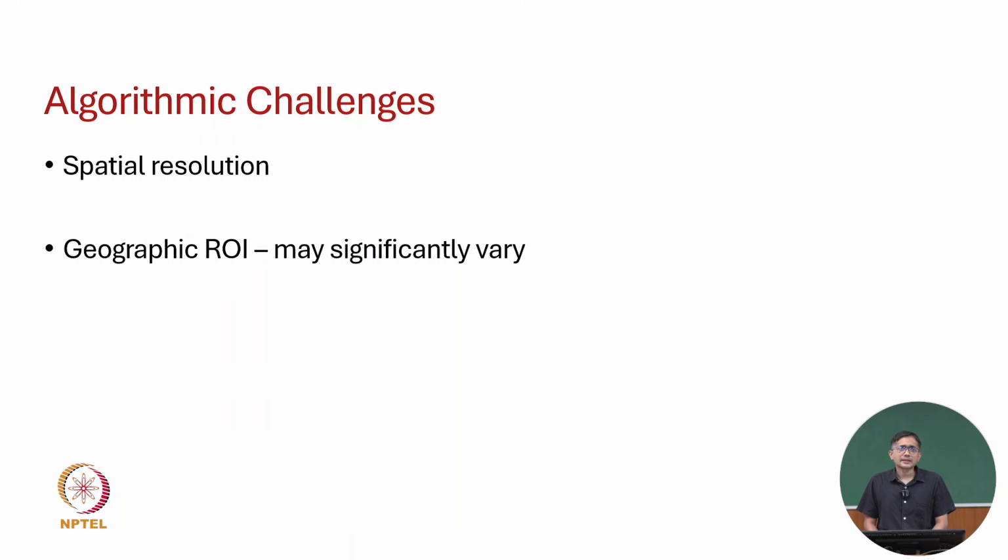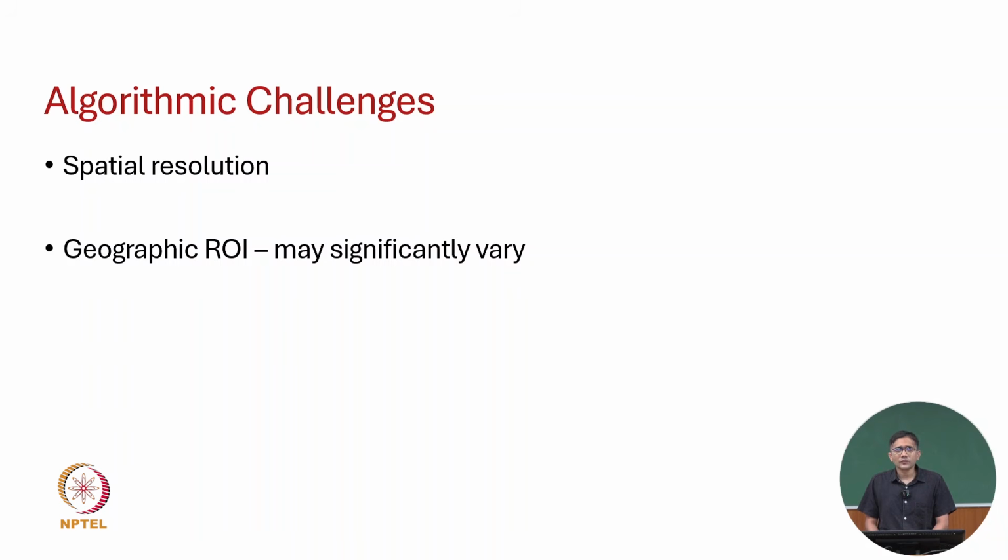Okay, so let us slowly start talking a bit about the algorithmic challenges that we face when working with Earth observation. One challenge is with respect to the significant variation in the spatial resolution.